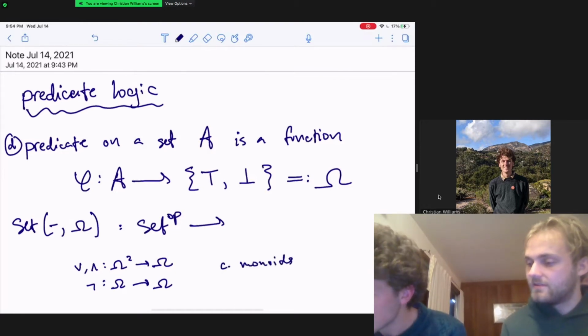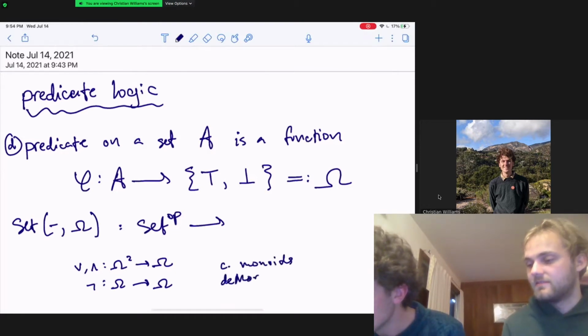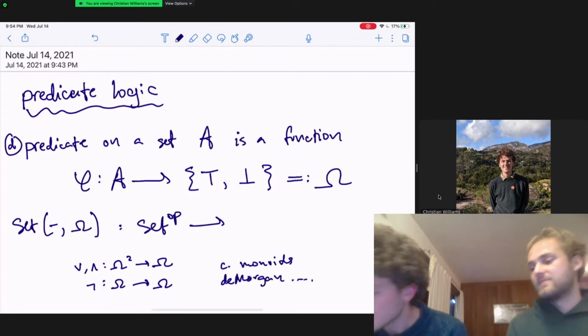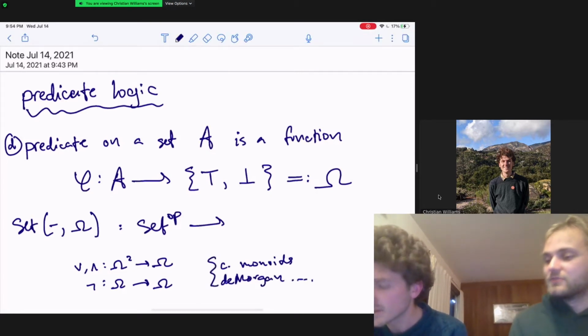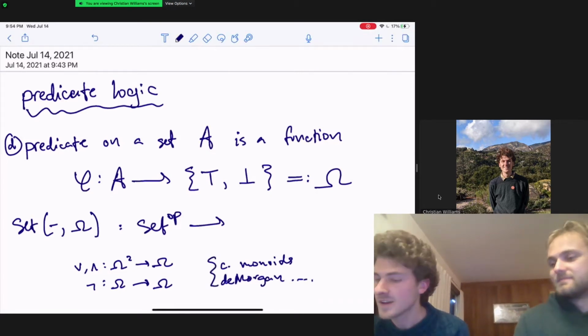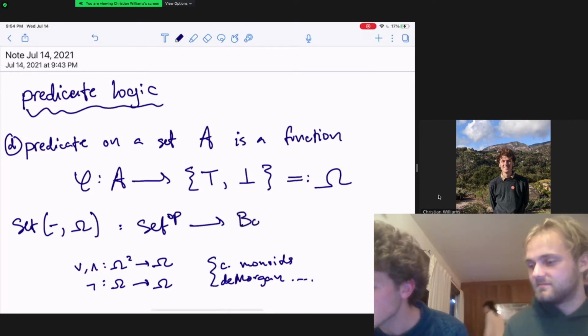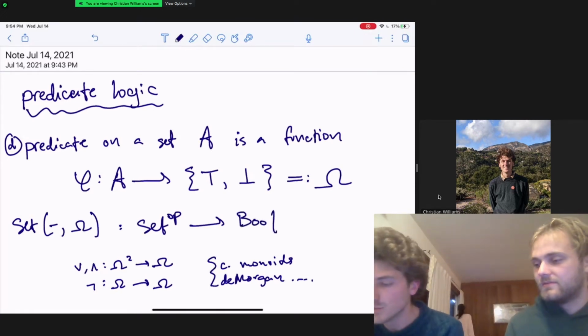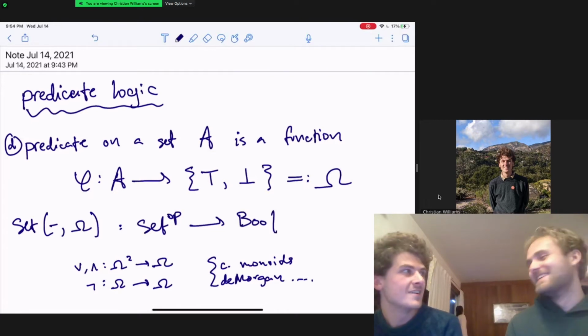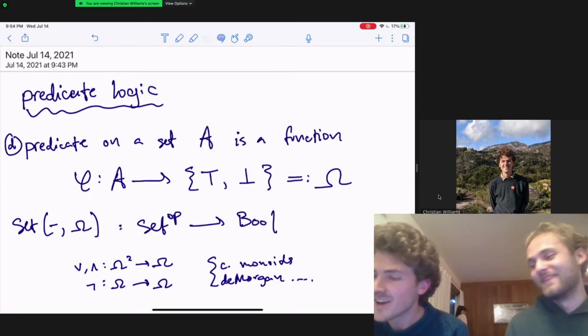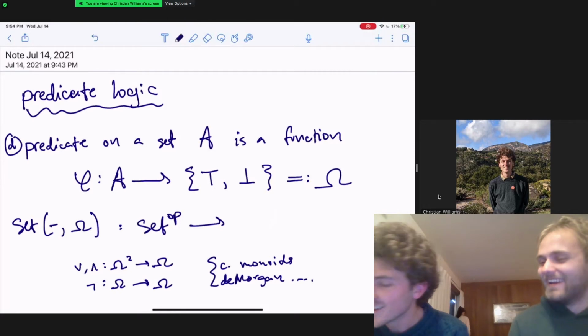And what is this whole structure? I'm thinking Boolean algebra or some sort of algebra. So we could say this goes from Set^op to Bool. That's a terrible name for any programmer.